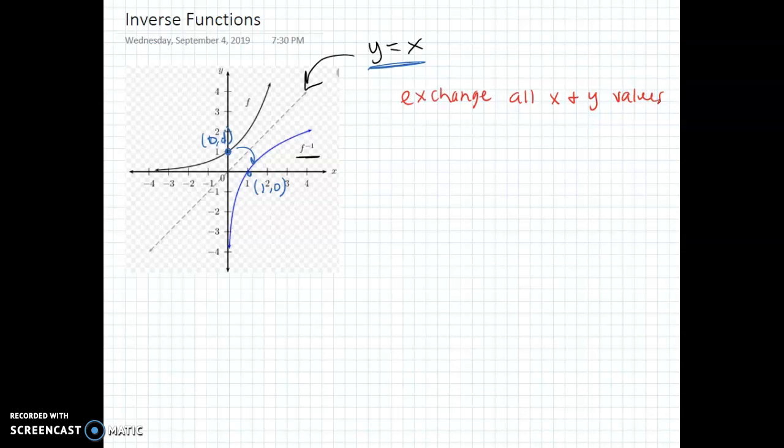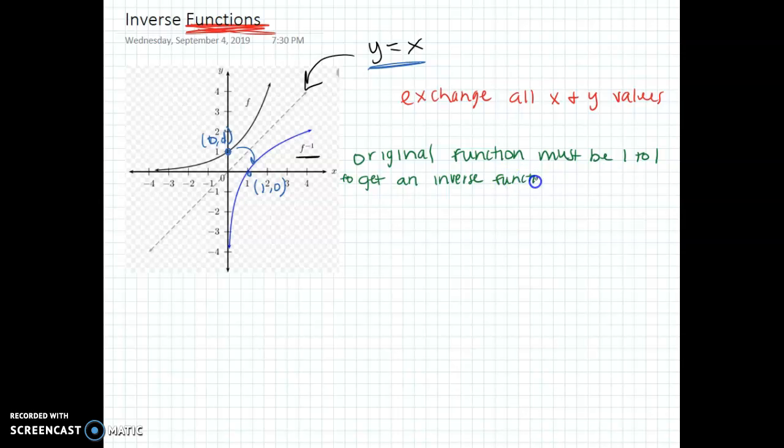Now it is important to note that if you want an inverse function, keyword being function, that means your original function has to be 1 to 1 to get an inverse function. What does it mean to be 1 to 1?